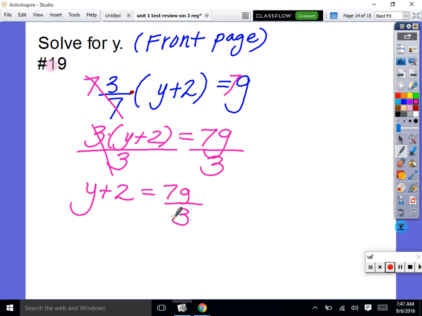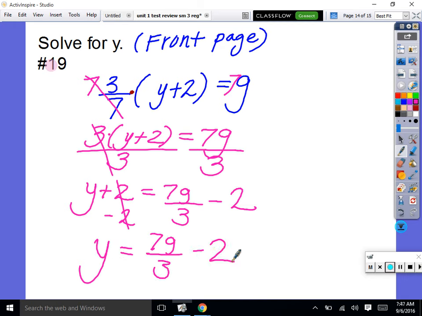And then last step to get y alone, subtract 2, subtract 2. So we have y is equal to 7g all over 3, and then the minus 2 is out here, right? You've got to do this in the correct order, guys. You've got to undo things in the correct order. Questions? Concerns? Okay. Awesome. We're going to do well.